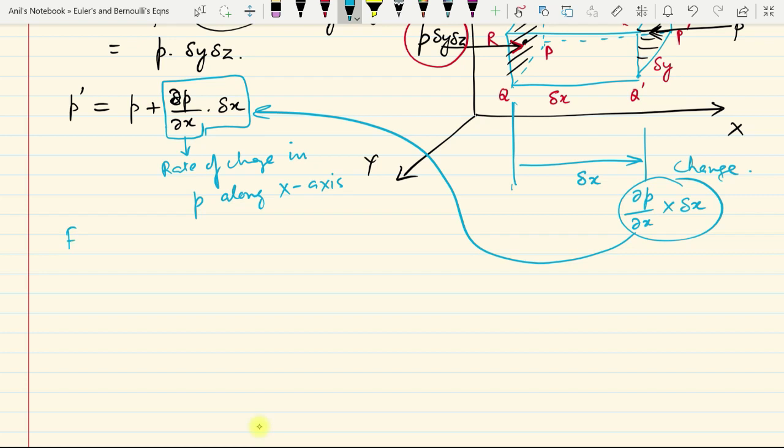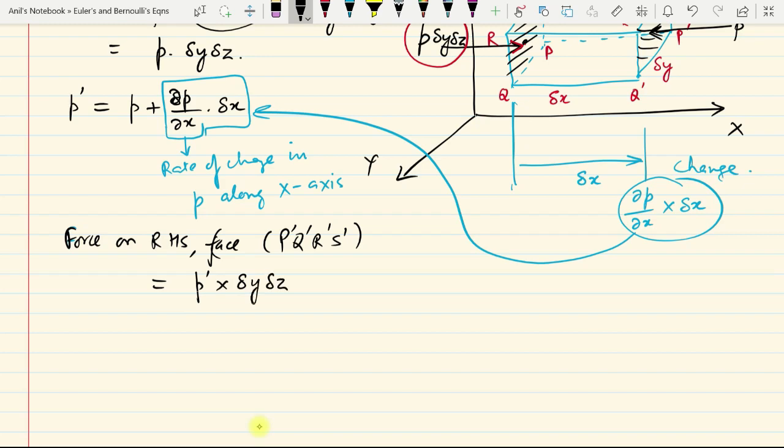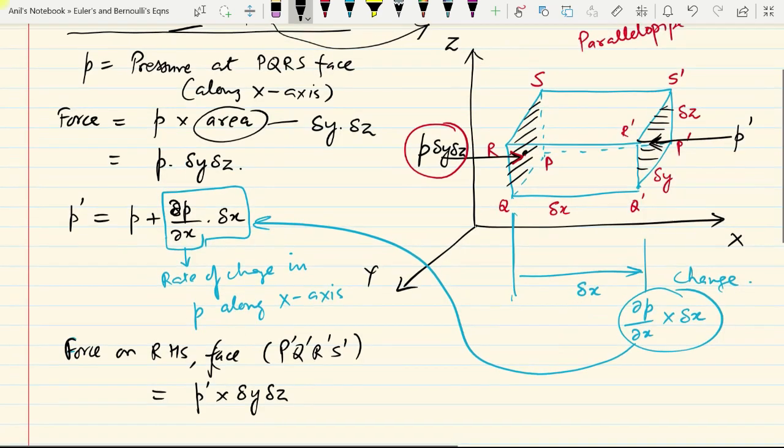So therefore, the force on the right hand side face, which is P dash, Q dash, R dash, S dash, will obviously be P dash into area. Area is again delta y into delta z for this face also. It is clear.